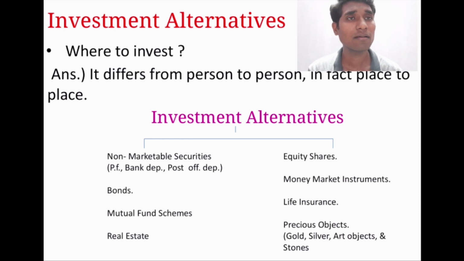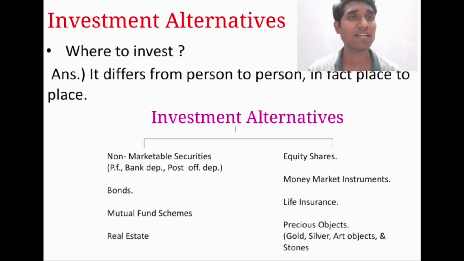There is a particular class of people who invest in life insurance. These days, most people invest in life insurance because they also get some tax deductions, etc. And last but not the least, people also tend to invest in precious metals like gold, silver, art objects, and precious stones.